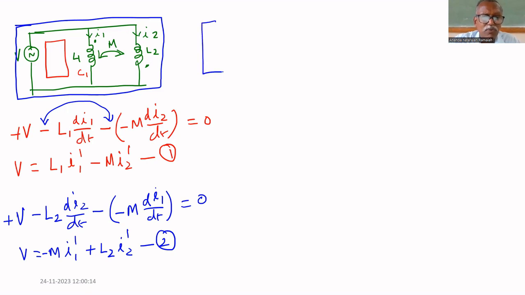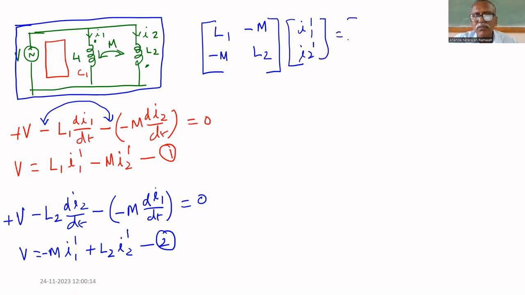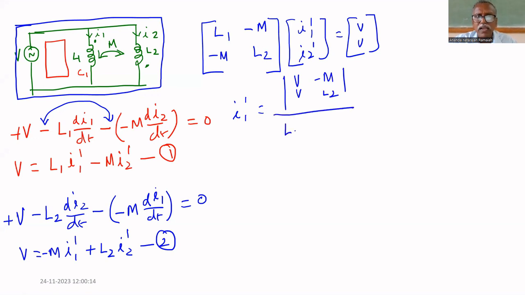If you put this in matrix form, the first equation is L1, minus M, and L2, times I1 dash, I2 dash, equal to V, V. So find I1 dash and I2 dash by using Cramer's rule. I1 dash equal to determinant of V, V, minus M, L2 upon L1, minus M, L2.